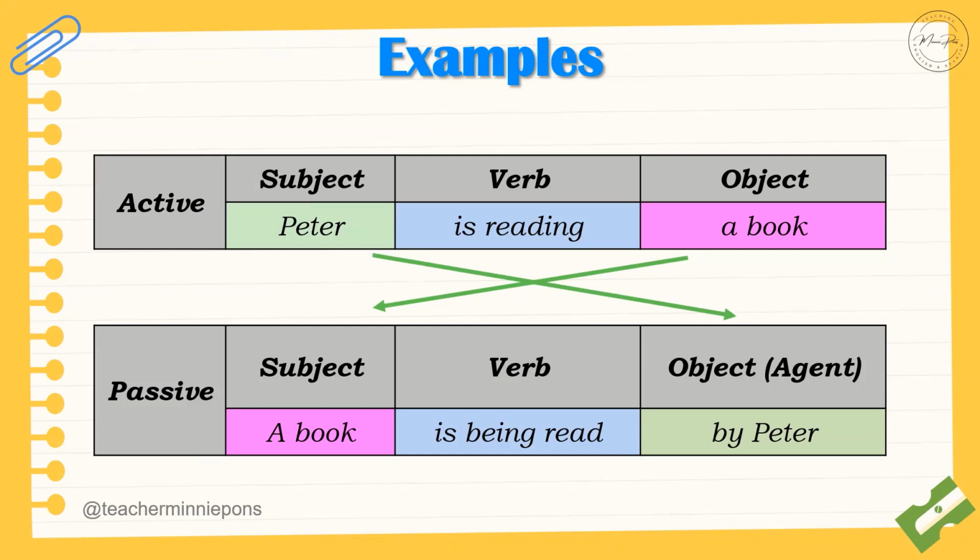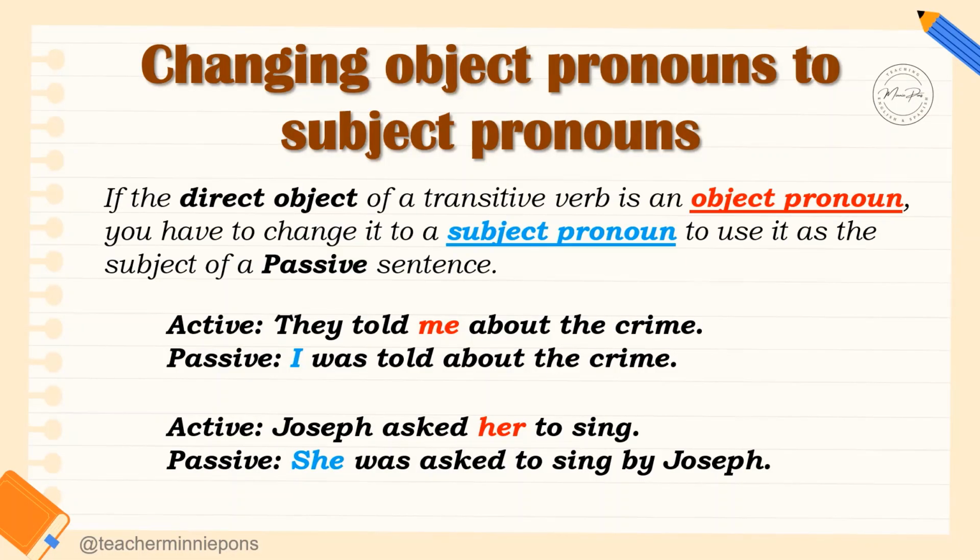Let's continue with something different now. How can we change an object pronoun in the active to a subject pronoun in the passive? If the direct object of a transitive verb is an object pronoun, you have to change it to a subject pronoun to use it as the subject of a passive sentence. For example, in the active voice we have, they told me about the crime.